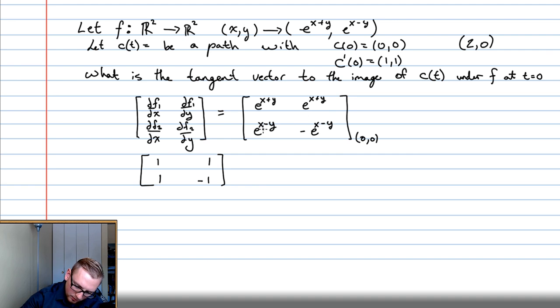This matrix here, c prime of 1, 1. So let's plug in 1 and 1. I'm just doing basic methods to see if I can figure it out. So this would be e squared. This would be e squared. And this would be 1, and this would be minus 1.